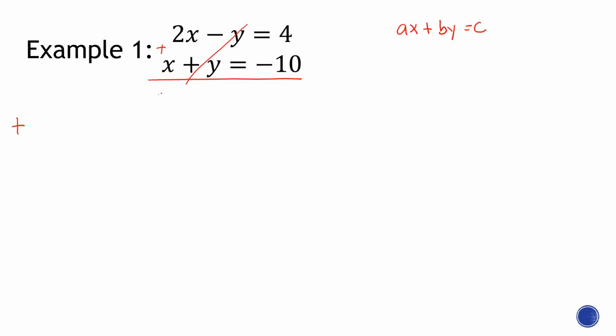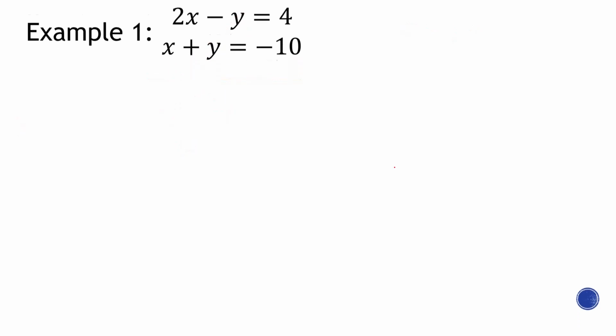2x plus x is equal to 3x equals negative 6. Okay, 4 plus negative 10 is negative 6, and then divide by 3 on both sides. Therefore x equals negative 2. Next, we need to solve for y. In solving for y, we just need to choose any of the two equations.